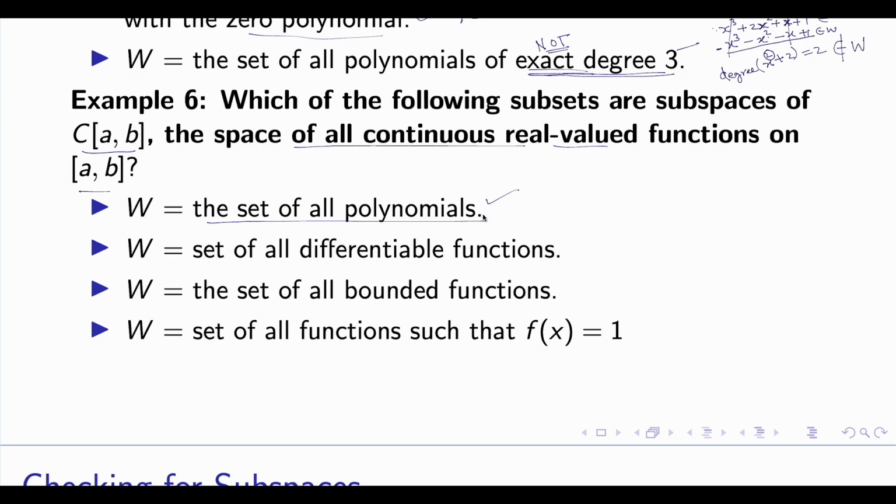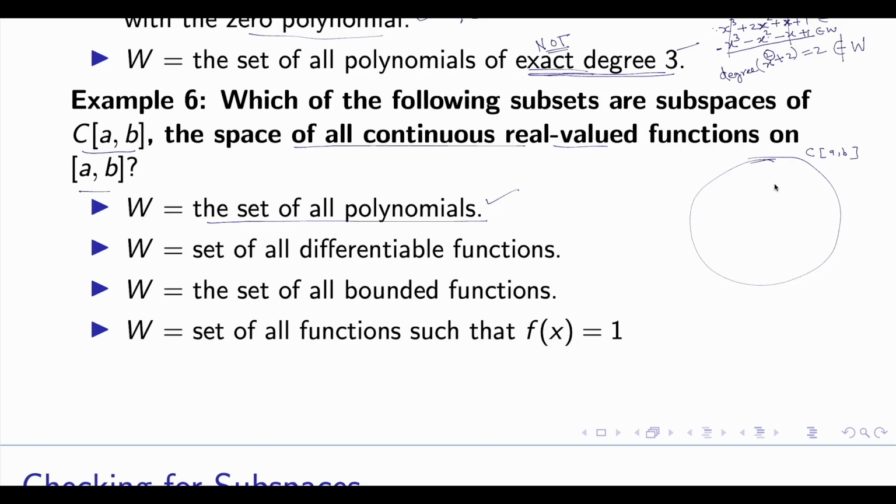Why? Because the addition of two polynomials is again a polynomial of any degree, right? Which belongs to W. And the set of polynomials is a subset of the set of all continuous functions because polynomials are differentiable, right? So the bigger space given to you is C[a,b], the set of all continuous functions.